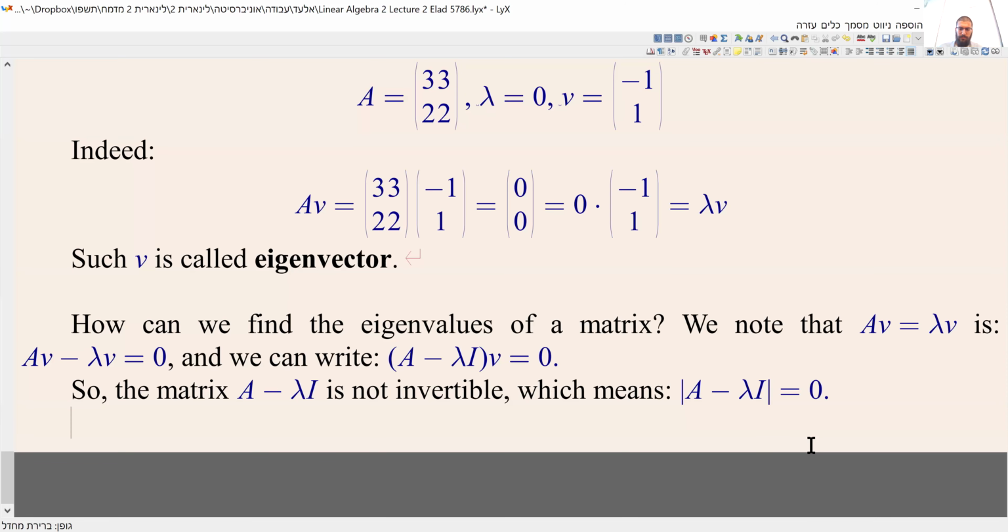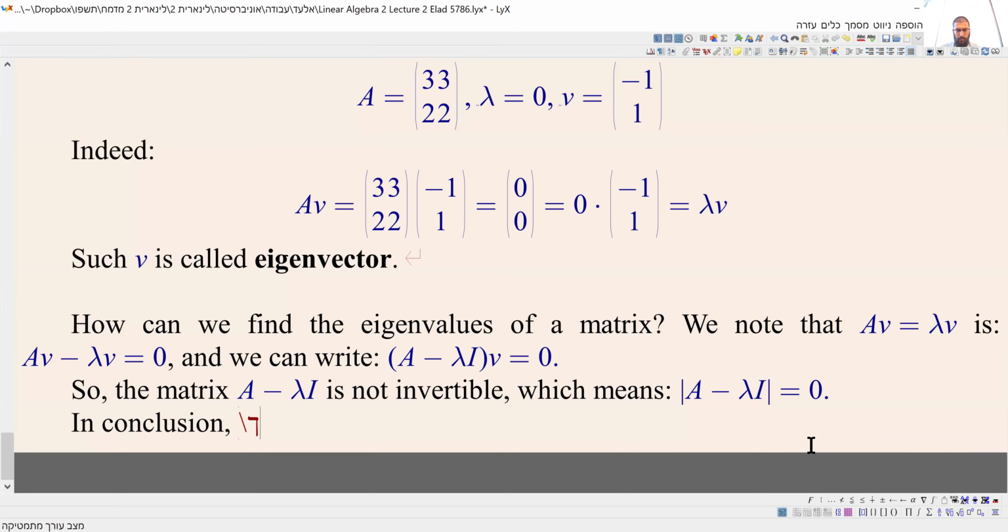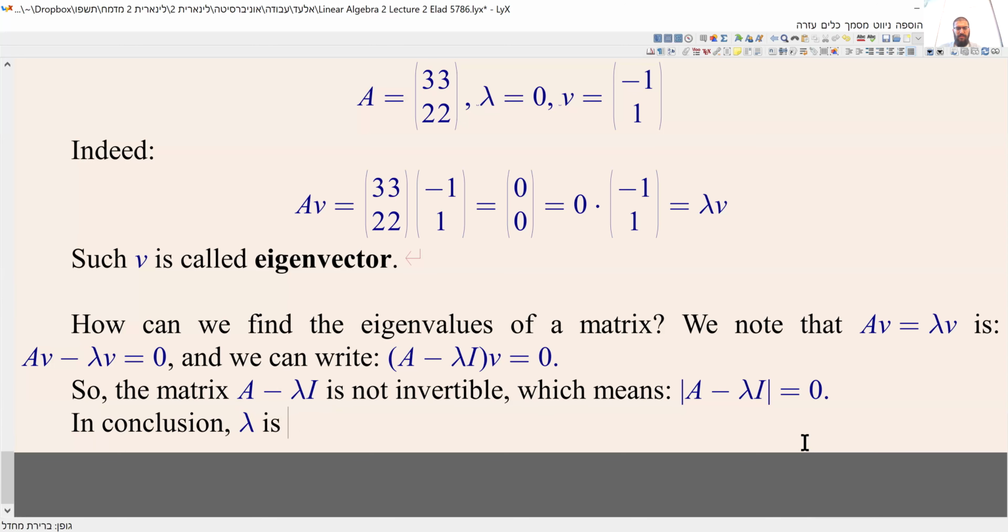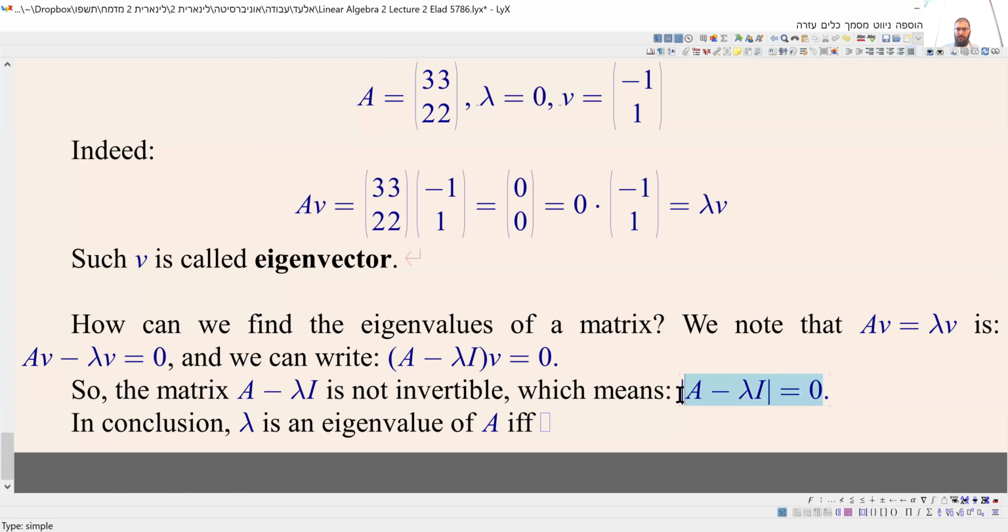In conclusion, lambda is an eigenvalue of A if and only if the determinant of A minus lambda I is 0.